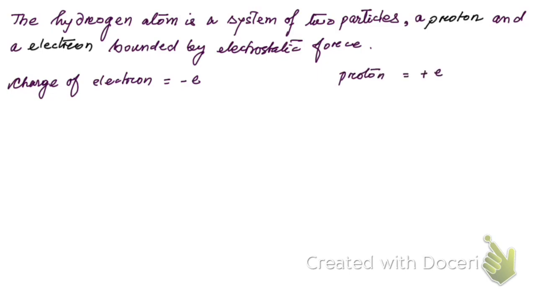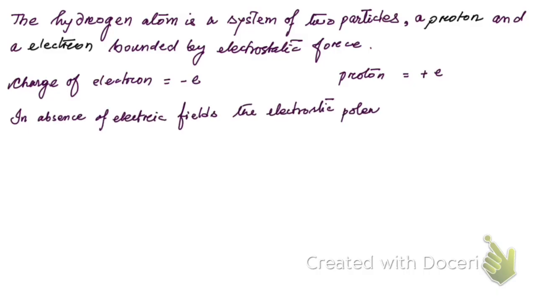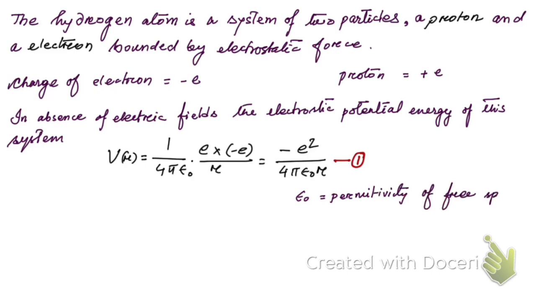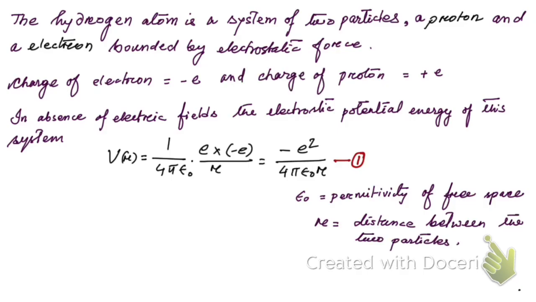In the absence of external electric field, the electrostatic potential energy of this system is given by this expression, equation number 1. Here epsilon naught is the permittivity of free space, r is the distance between the electron and proton, and this is the charge of proton. Hope you have understood this.